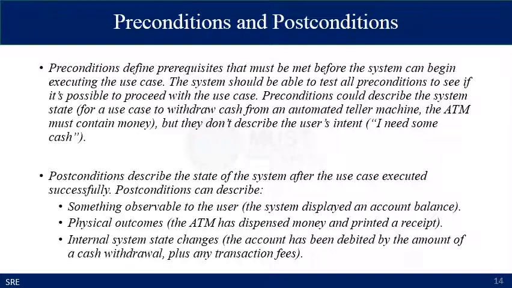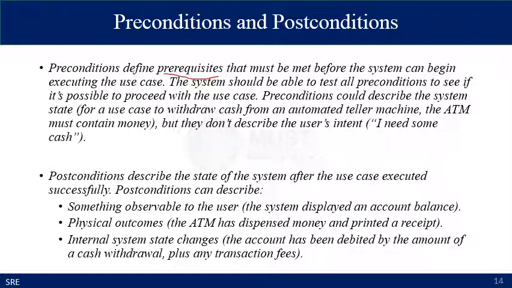Let's talk about the preconditions and the postconditions. As I have specified earlier, the preconditions define prerequisites that must be met before the system can begin executing the use case. So these are conditions that must hold before starting the process of a use case.